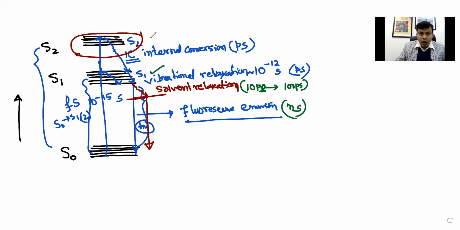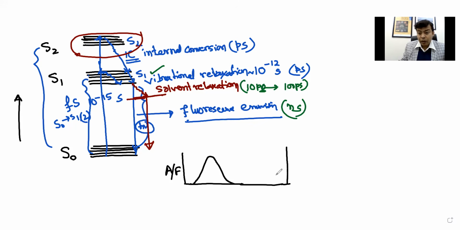Now, if you look at the plot of absorption and fluorescence emission, let's say here you have an absorption spectrum. And then fluorescence, so that I can show it on the same plot, although you are plotting different things and the units will be different.